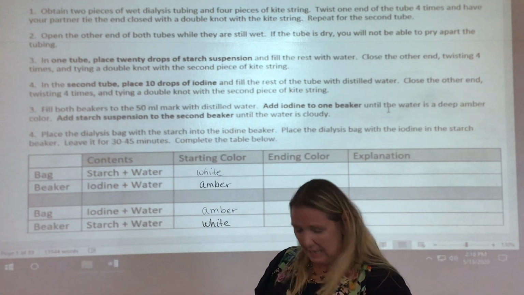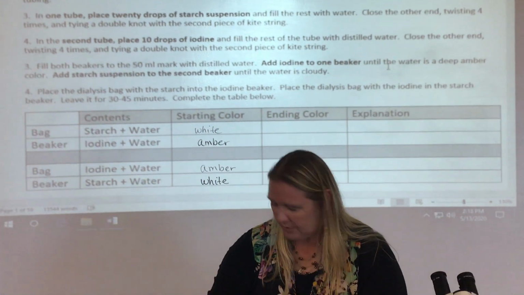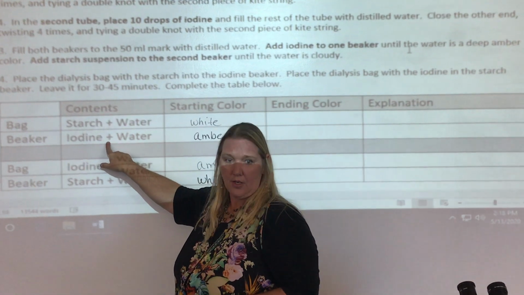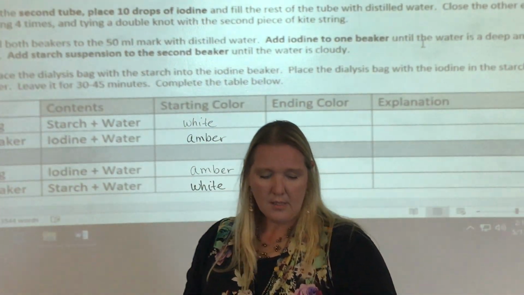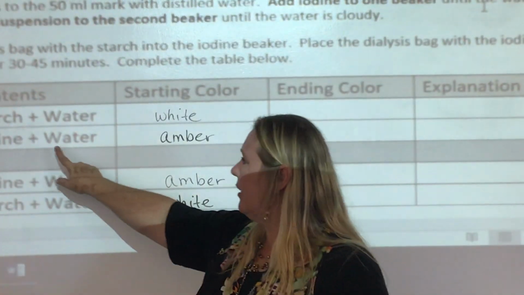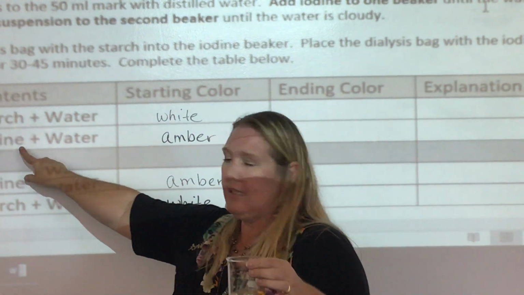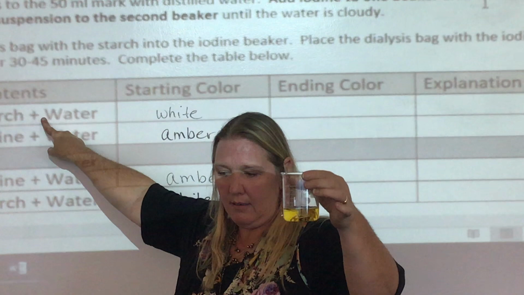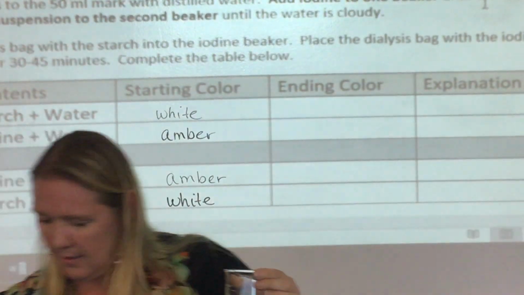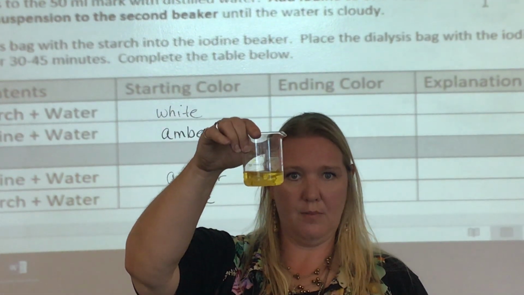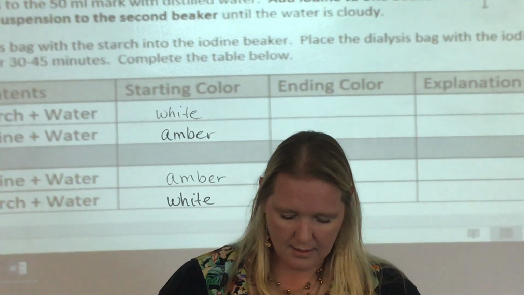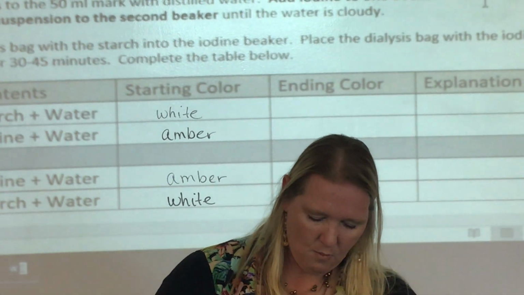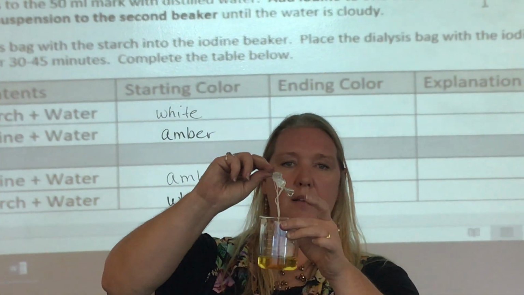So I'm going to look at the iodine beaker first, okay? So I had an amber color beaker because it had iodine in it, and I had a white starch bag. I had an iodine beaker, this is the one we just did, and a white starch bag, okay?